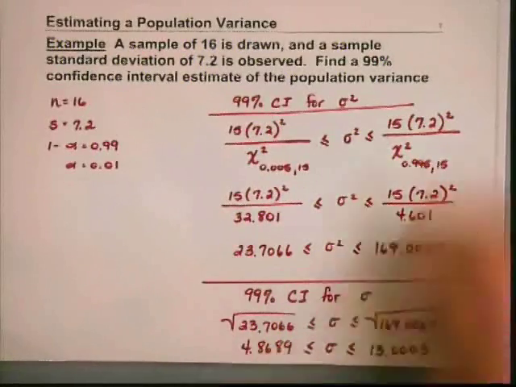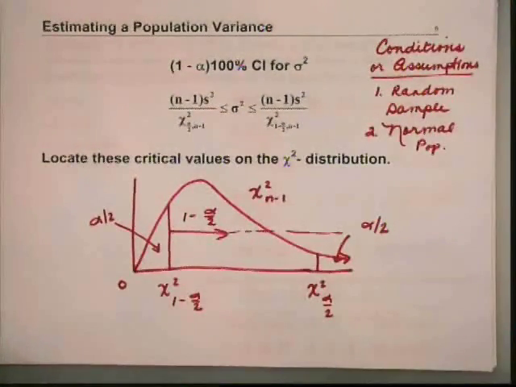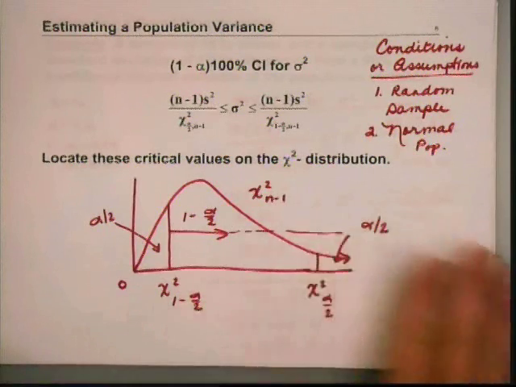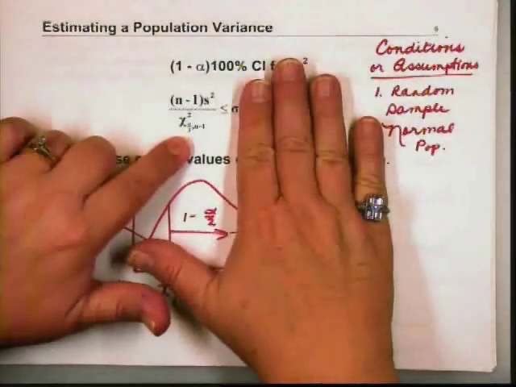Okay? We didn't look at what's called a one-sided interval, a confidence lower bound or a confidence upper bound for variance. We're not putting that in the course at this time, but could we do it? Sure. What would you do? Well, if you wanted confidence lower bound, this is going to be alpha.